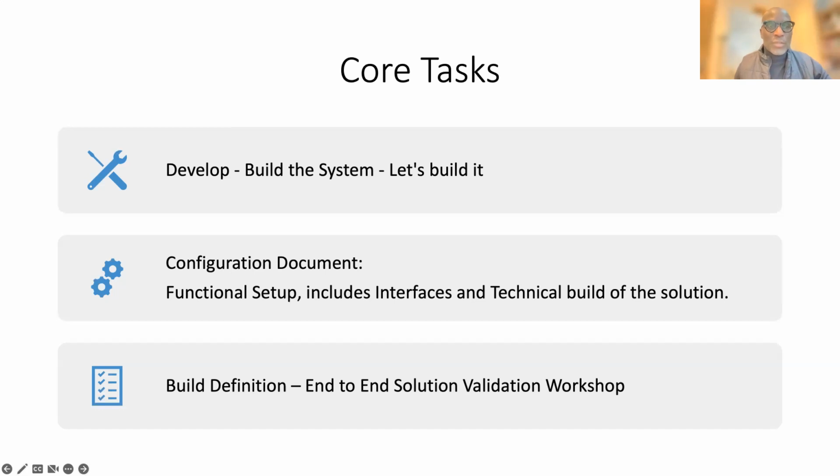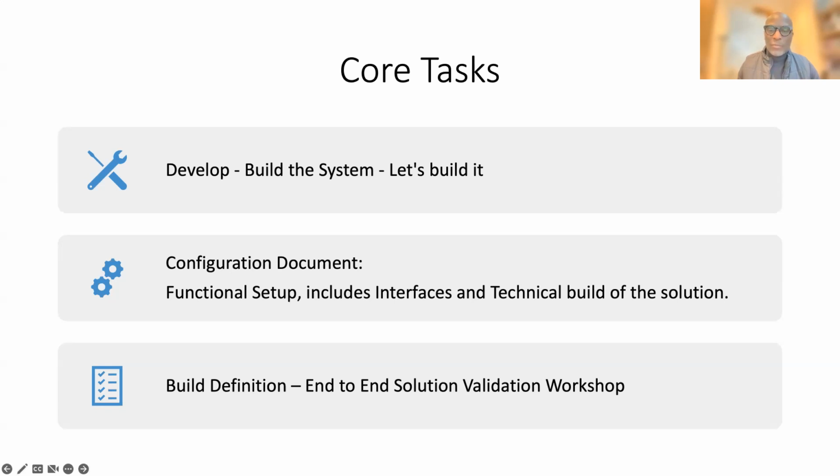Now, as part of this, you'll have the setups. This will include interfaces and also the technical build of the solution. And you would normally have an iteration of multiple workshops. So we'll have a lot of workshops to validate the things that you have built. So that's basically the way in which it's done.